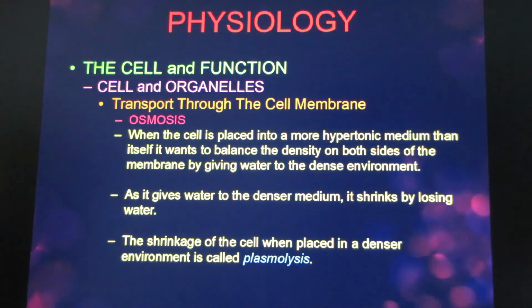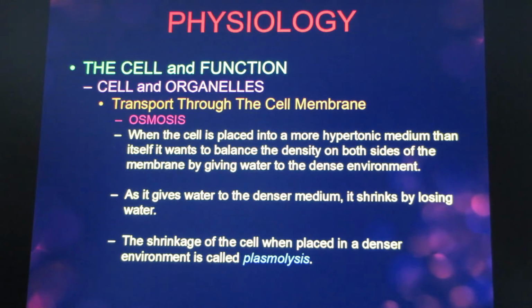When the cell is placed into a more hypertonic medium, it wants to balance the density on both sides of the membrane by giving water to the dense environment. So the water within the cell goes outside to a more dense area.